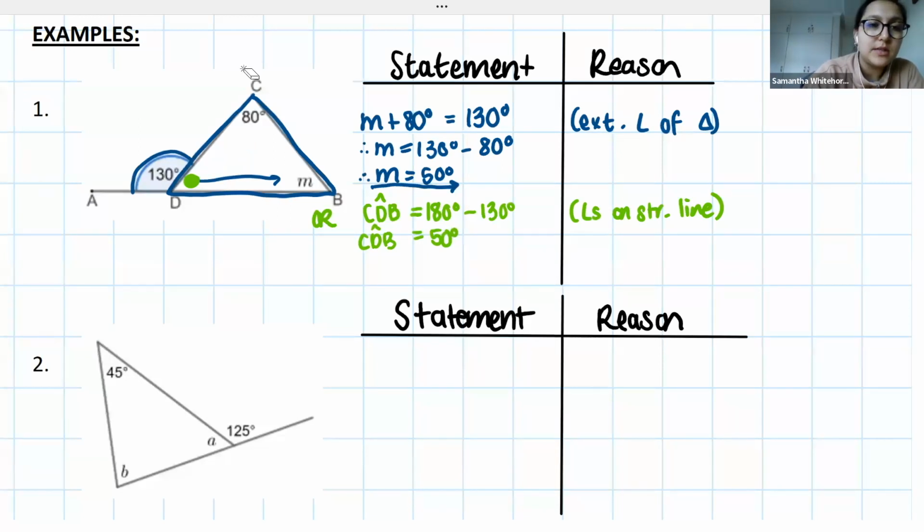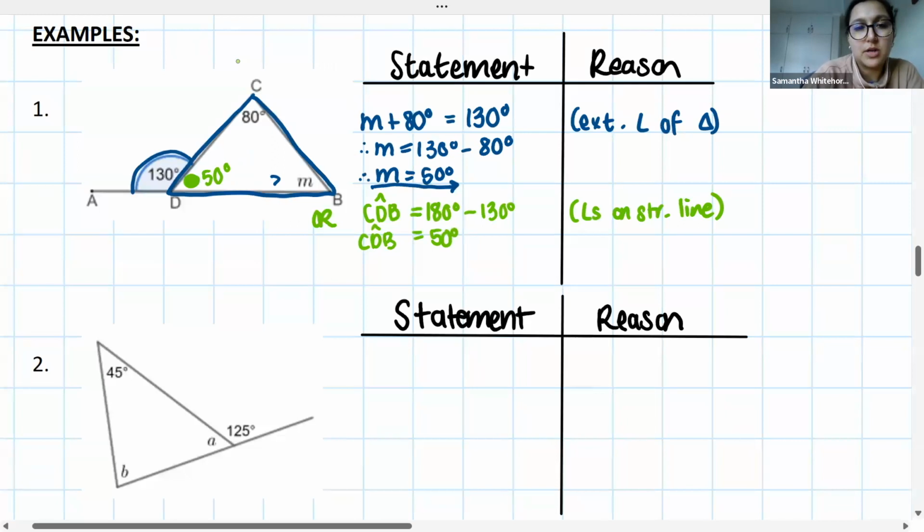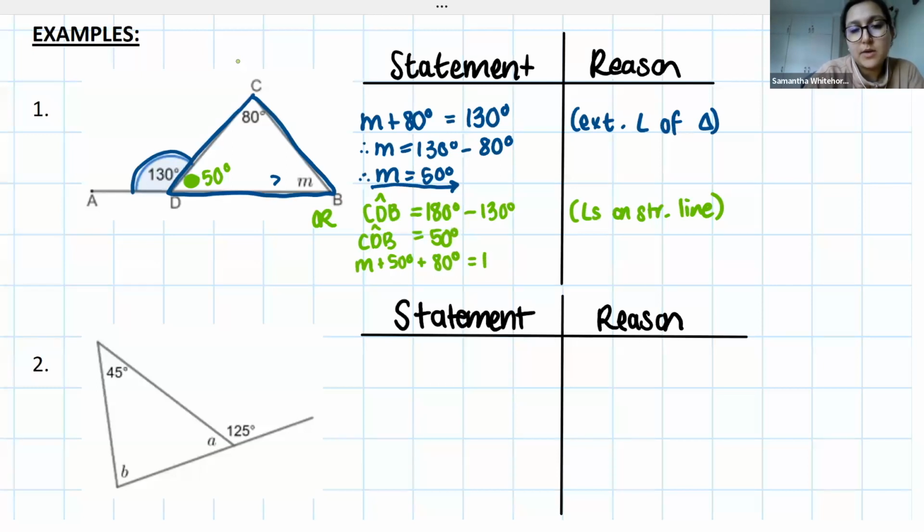Now that you know this angle is 50 degrees, you could have used sum of angles in a triangle. So M plus 50 plus 80 must be equal to 180 degrees, sum of angles in a triangle.